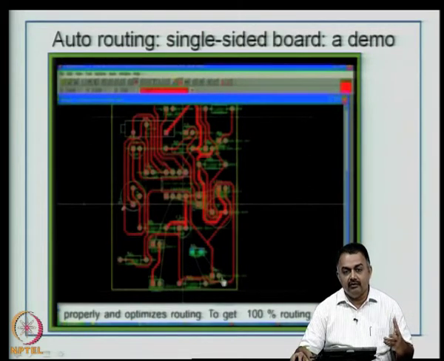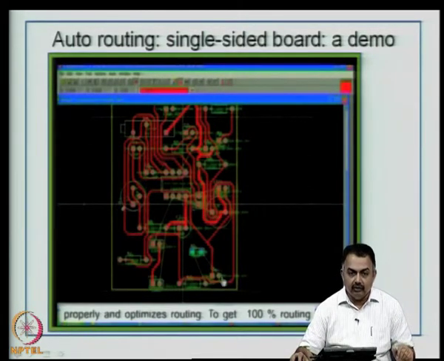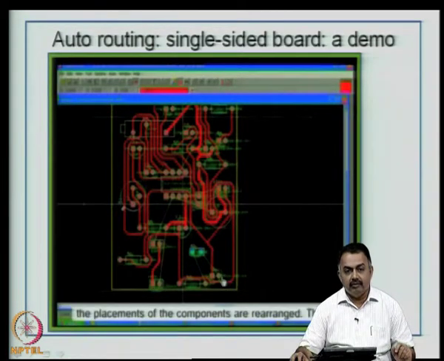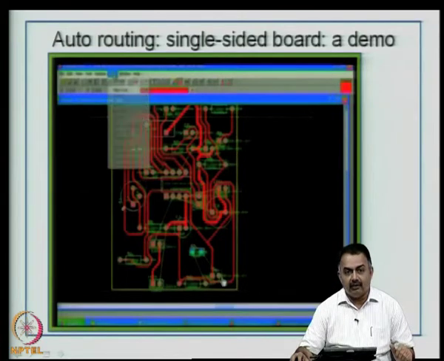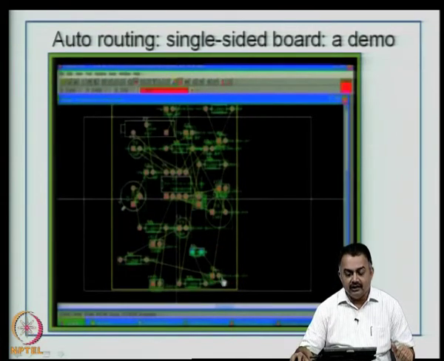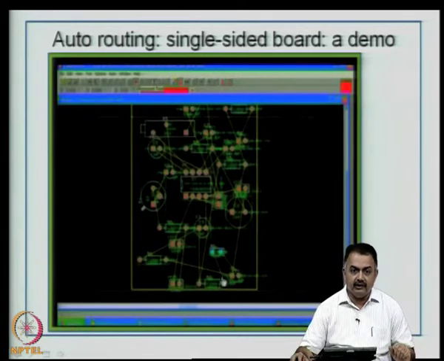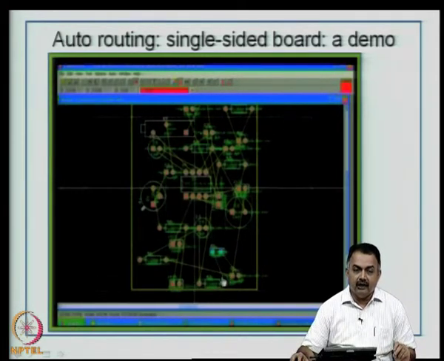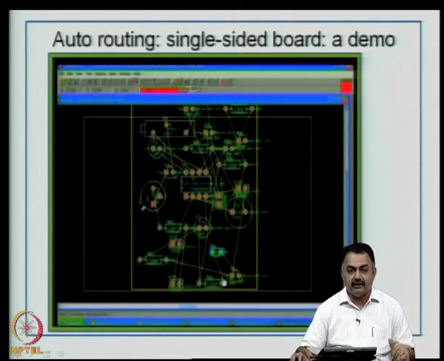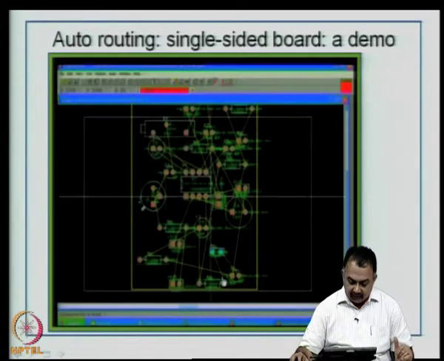So, you have to now manually do this, or the next best alternative is change the placement of the components or rearrange the components in such a way that you can provide space and also remove those components which act as obstacles for your routing of the single sided board.